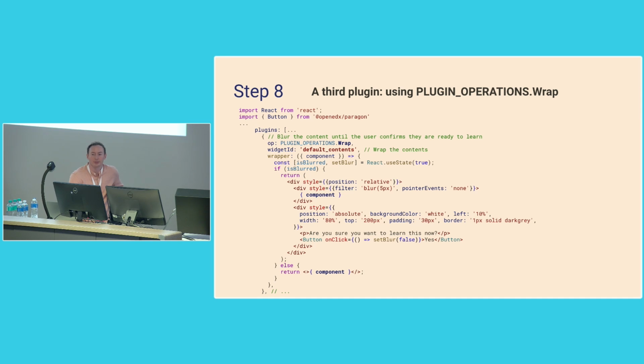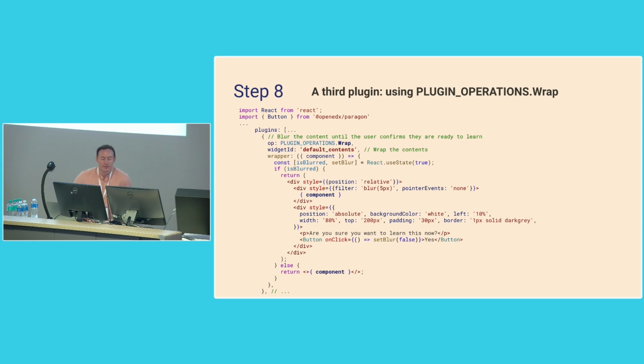Arthur? Yes, hello. I have two questions actually. One follows up with the question of whether you can have multiple wrapping plugins. I see that this one doesn't have a priority specified anywhere. So is that just because since you just added one, it doesn't really make sense to add the priority? And if you had more than one, you then could use the priority to determine the order in which they would wrap?